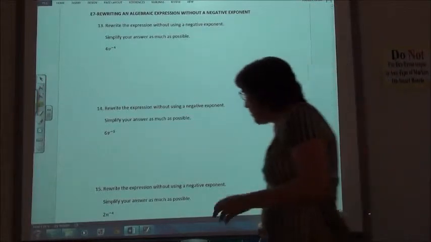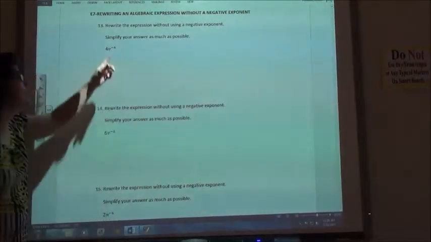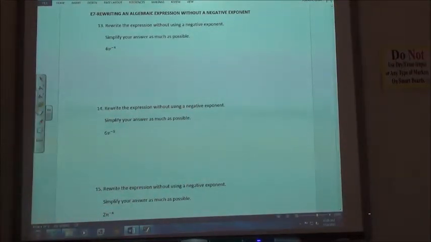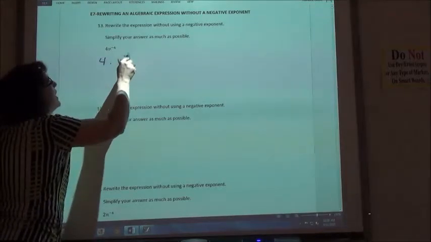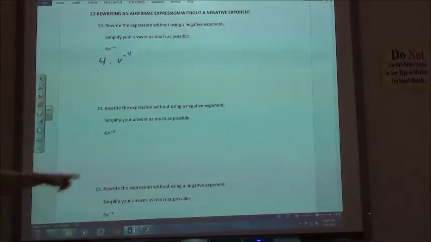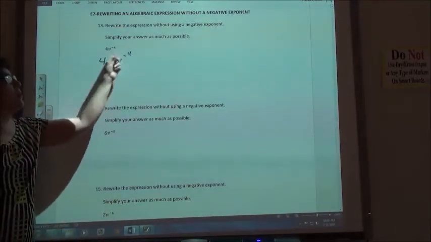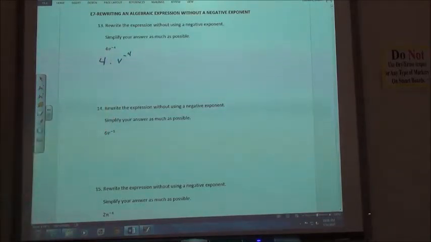Now, because they want to get across the point that the exponent, if there are no parentheses, only goes with what it's next to, this is really 4 times v to the negative 4. If I want to simplify that, this is the only part that I'm going to rewrite. What is v to the negative 4th power written with a positive exponent?